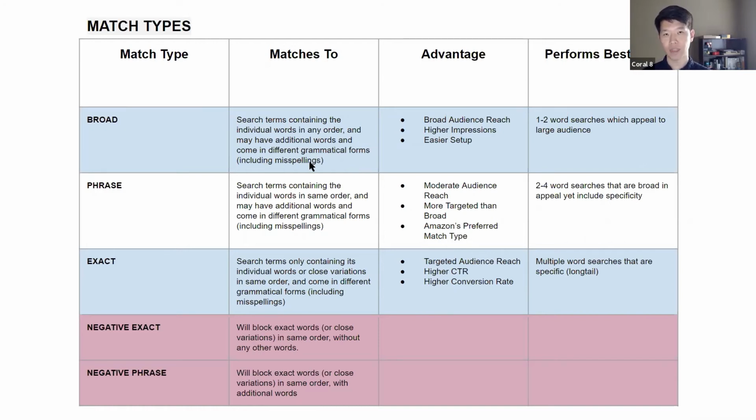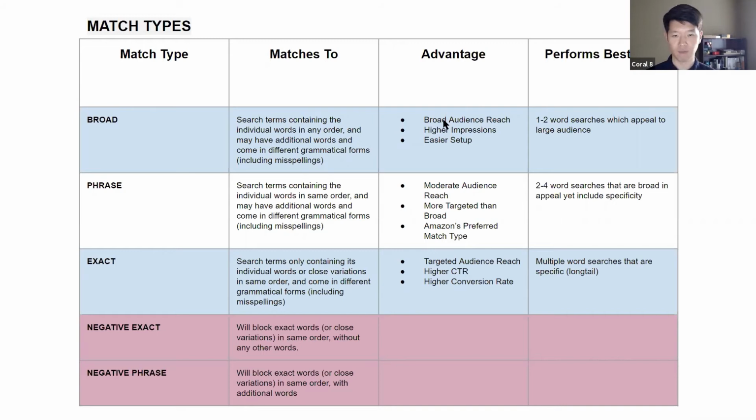If you add that as a broad match keyword, then the search term that it can be matched with can come out as steel knife stainless or knife steel stainless. Okay, so the individual words that customers use don't have to be in the same order as the keyword that you added with the broad match type.